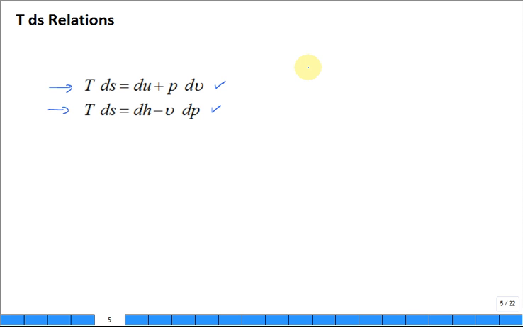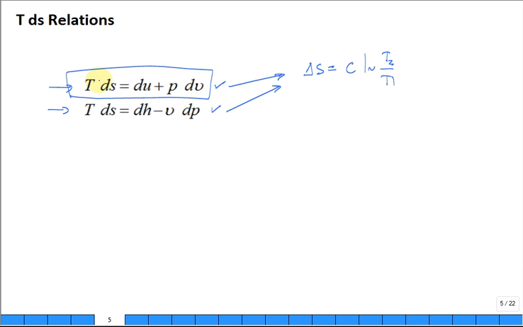What is the change in S for an incompressible substance? Is it C natural log of T2 over T1? Does that equation look familiar? Yeah, right? Which one of these did we use to get there? The first or the second one? How about the first one? If it's incompressible, which term, this term or this term, is 0?